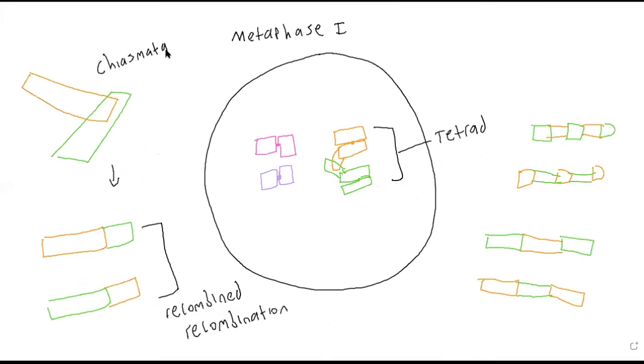Now, once this occurs, and I don't want to mislead you, we still do have the meiotic spindle here. And yes, it has attached to the sister chromatids because it has to manipulate them. Now, the next stage is called anaphase 1.